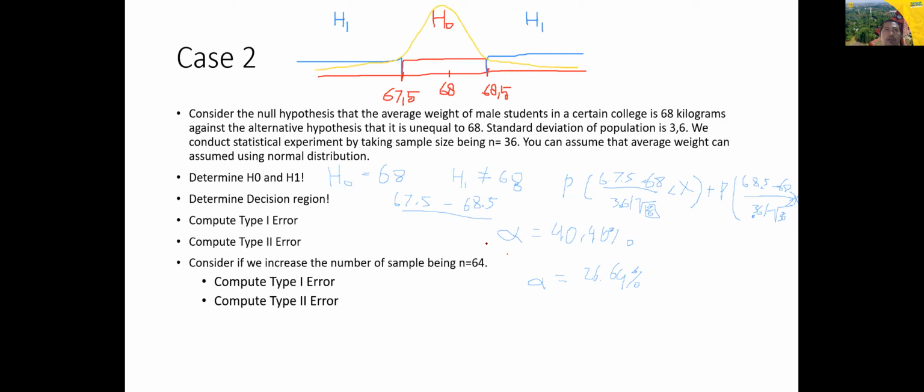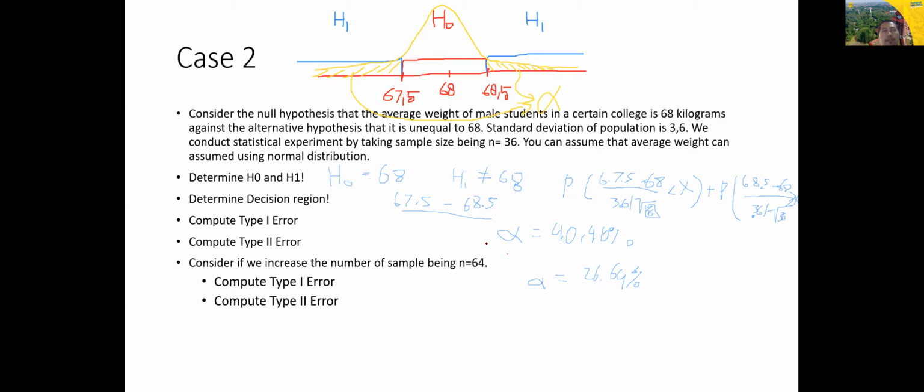So the error will be located in here, right? The dashed area here, we can say as alpha or type 1 error.